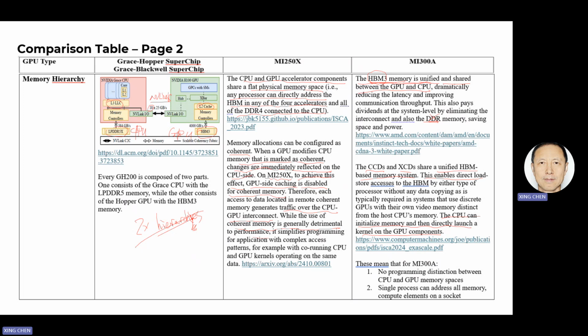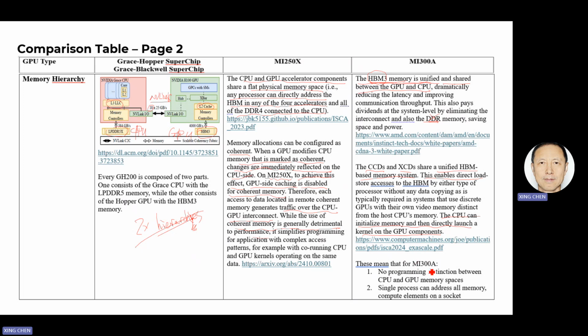But because right now everything has been unified, once you have prepared the data, you don't need to copy it from the host to the GPU, because it's already in the shared memory. You just ask the GPU to work on this piece of data, and the job can be done.